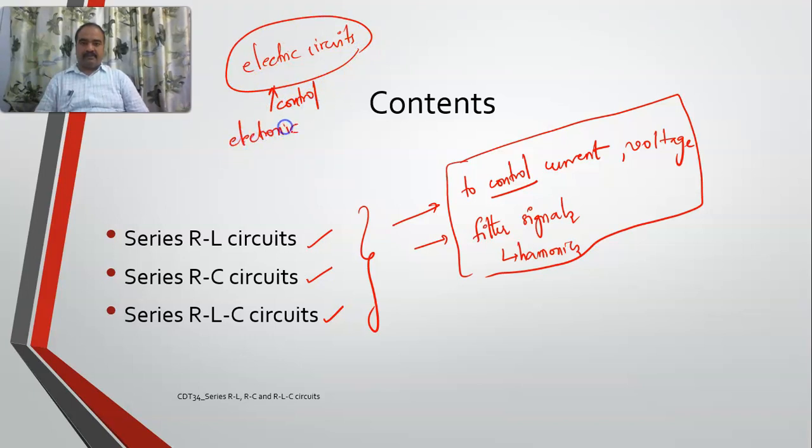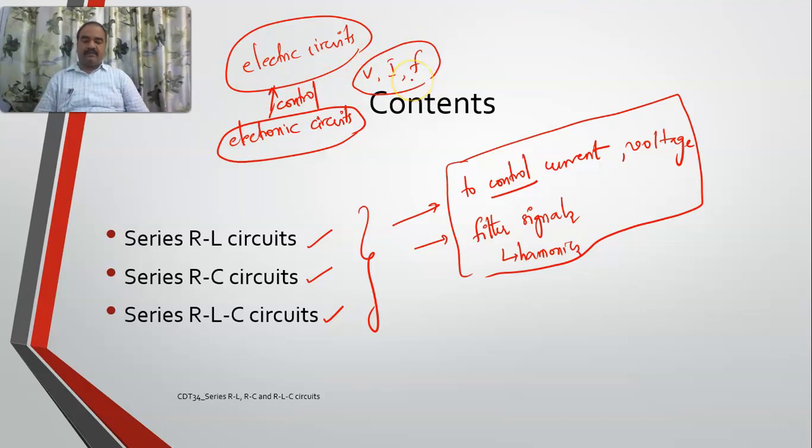So you will be developing electronic circuits which control the parameters of electric circuits. And what are the parameters which we have seen? The common parameters are V, I and F, right? So you will be trying to develop some circuits through which you can control this V, I and F. And those circuits generally do have R, L and C as basic elements.